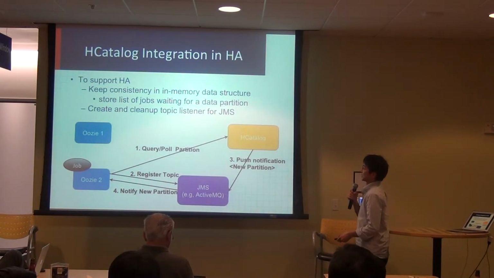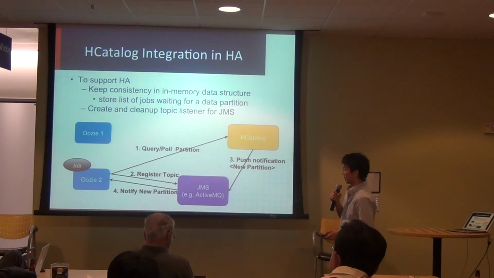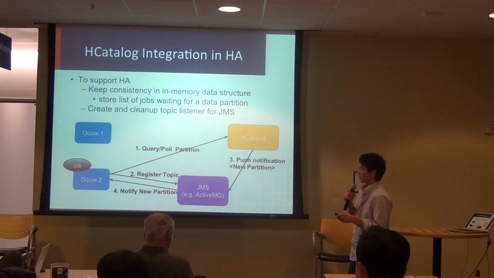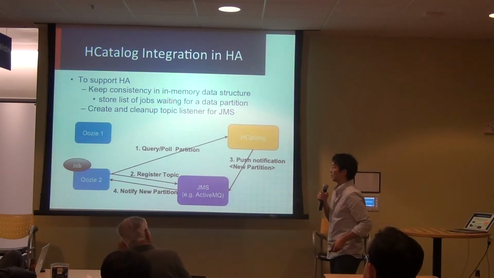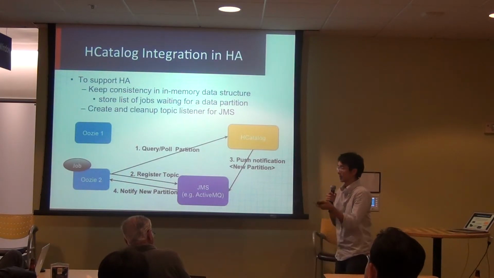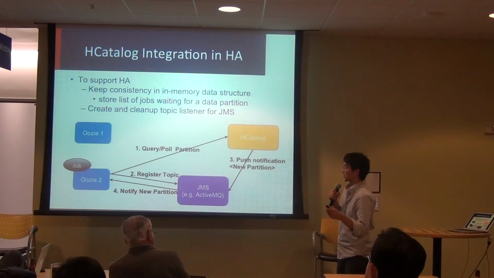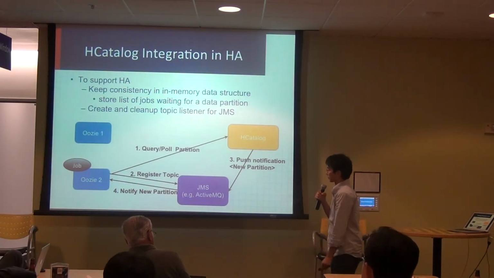But in the HA setting, we have to keep those memory structures consistent. Meaning that in the HA, a job may start on Oozie server 1, but in the middle it can migrate to another Oozie server if the other Oozie server is down. In that case, Oozie server 2 has to update those in-memory data structures.